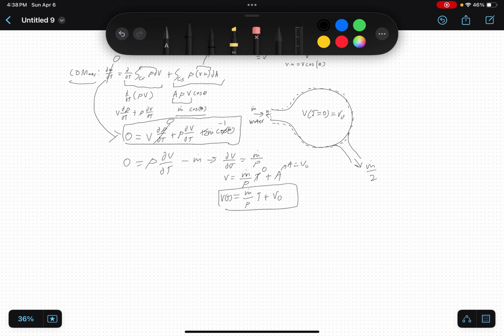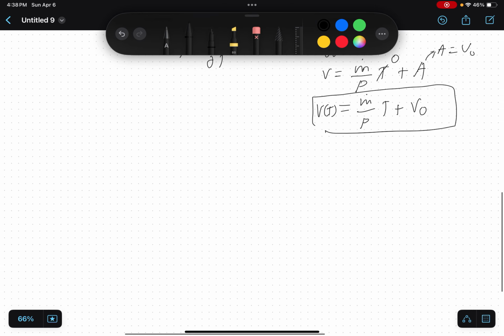Very cool. The second equation, conservation of momentum.